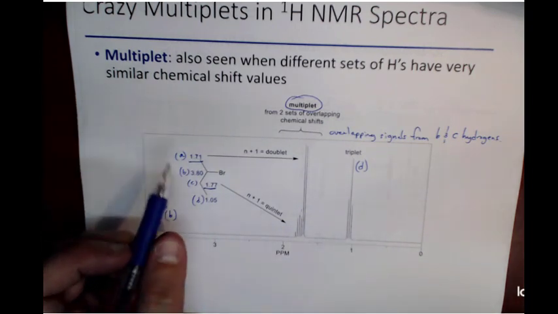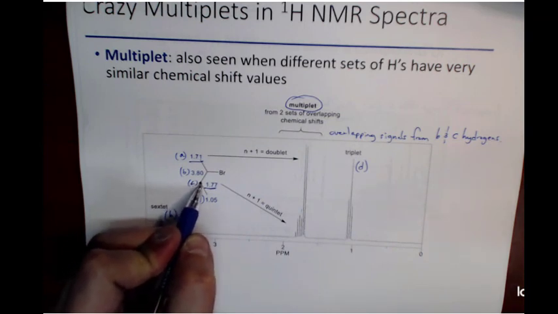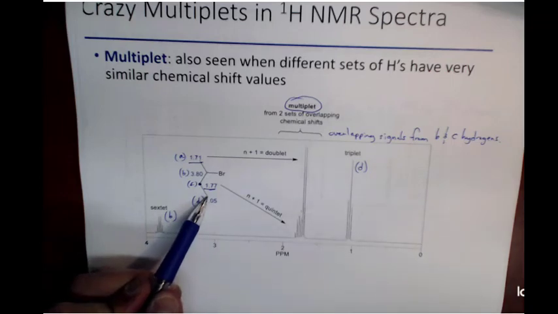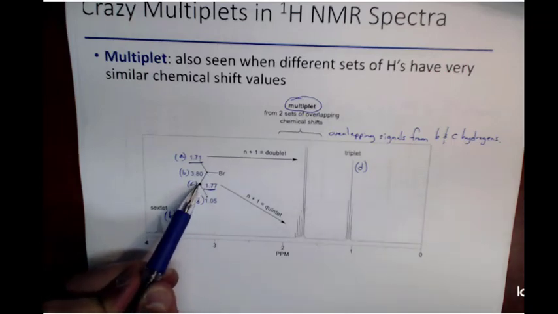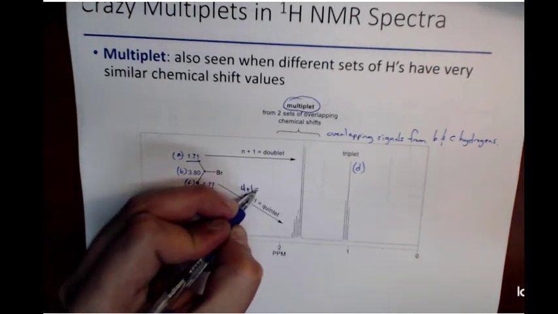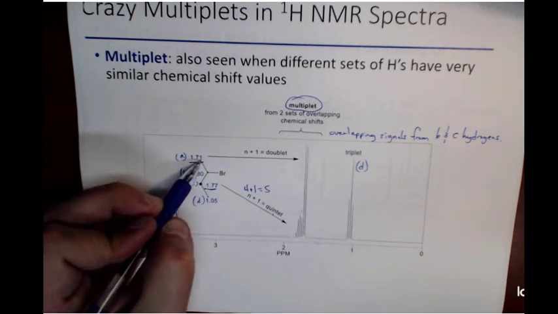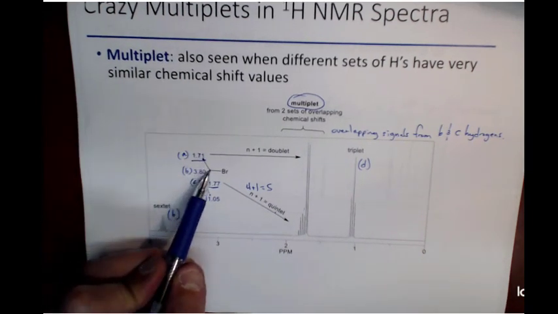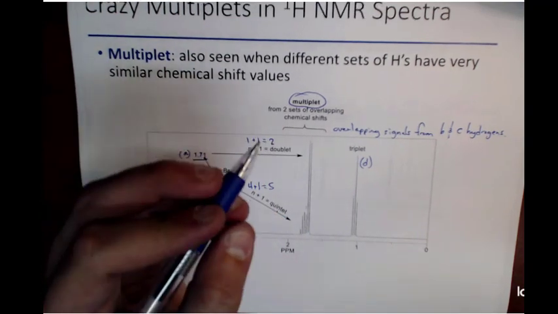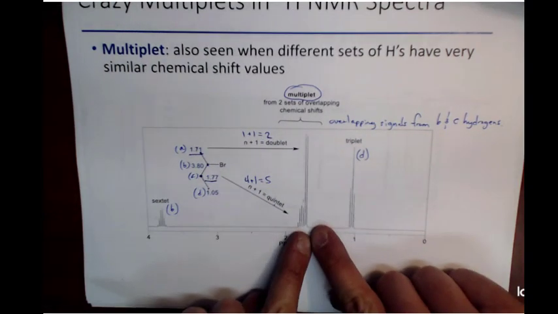And so in particular, when we look at C, the 2 hydrogens that are here, how many hydrogen neighbors do they have? They've got 3 at this carbon, and they've got 1 at that carbon. So they have a total of 4 neighbors. So it's 4 plus 1, which gives you a quintet. When you look at these 3 hydrogens at this carbon, they only have 1 neighbor. So you're looking at 1 plus 1, which gives you that doublet. These 2 are very close in frequency, and they overlap.